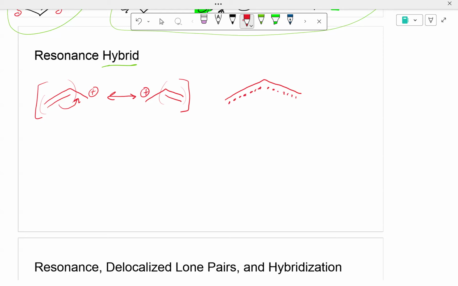And then we can also indicate that in one resonance form, there was a positive charge over here, so I'm going to use a partial positive symbol. And in the other resonance form, the other carbon was positively charged, so I use a partial positive symbol there. That basically describes that all three carbons are sharing the pi electrons, and the carbons on the ends are partially positive.